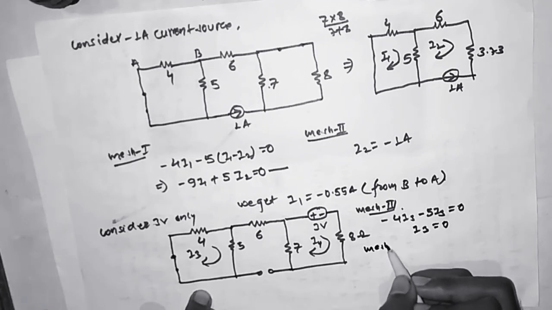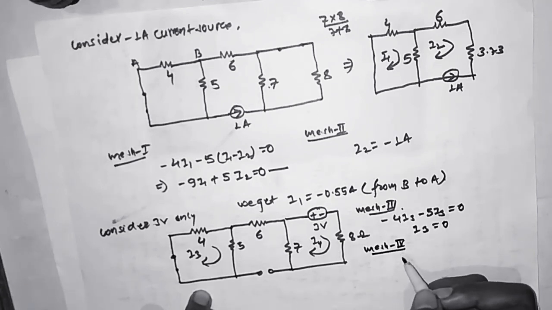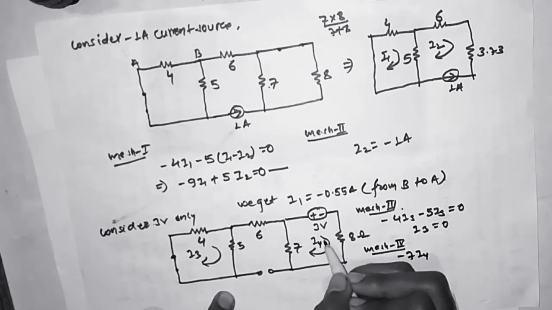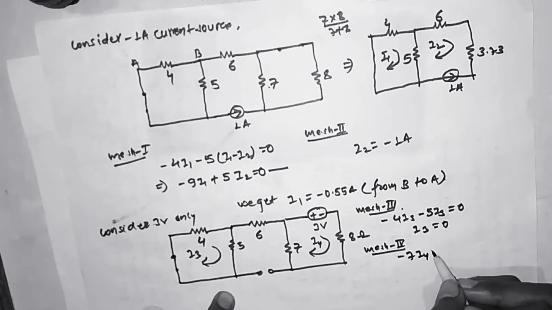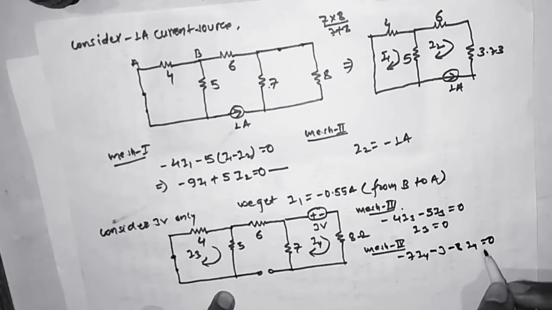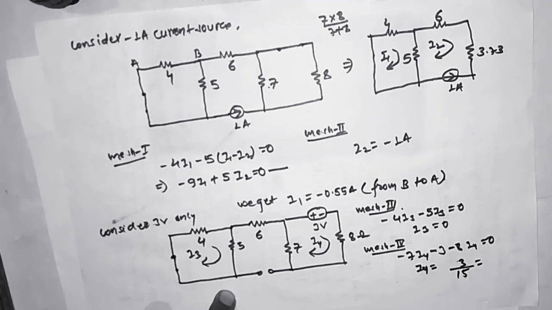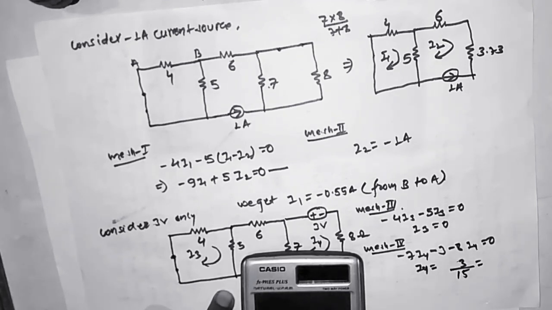In mesh 4 we can write minus 7 I4, minus 3 since the current flows from plus to minus, and minus 8 I4 equals 0. So I4 equals 3 upon 7 plus 8, which is 3 upon 15, or 1 upon 5.